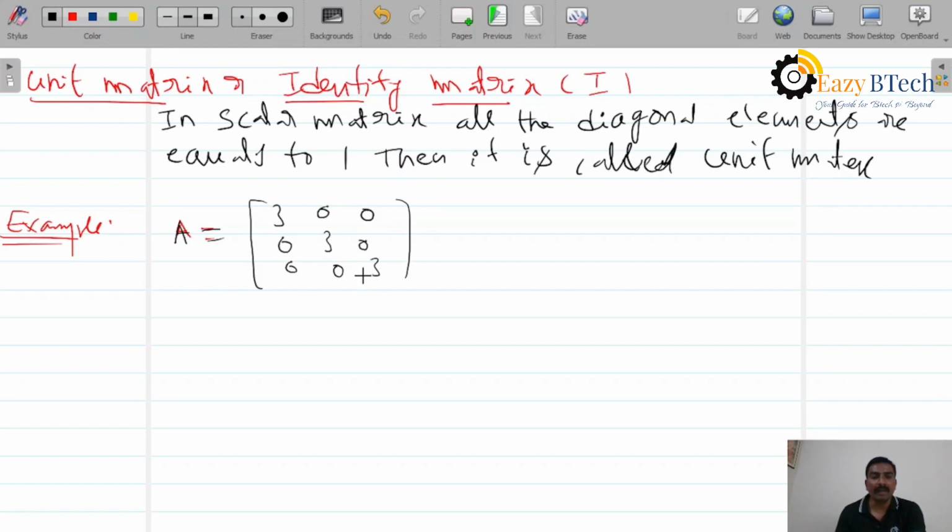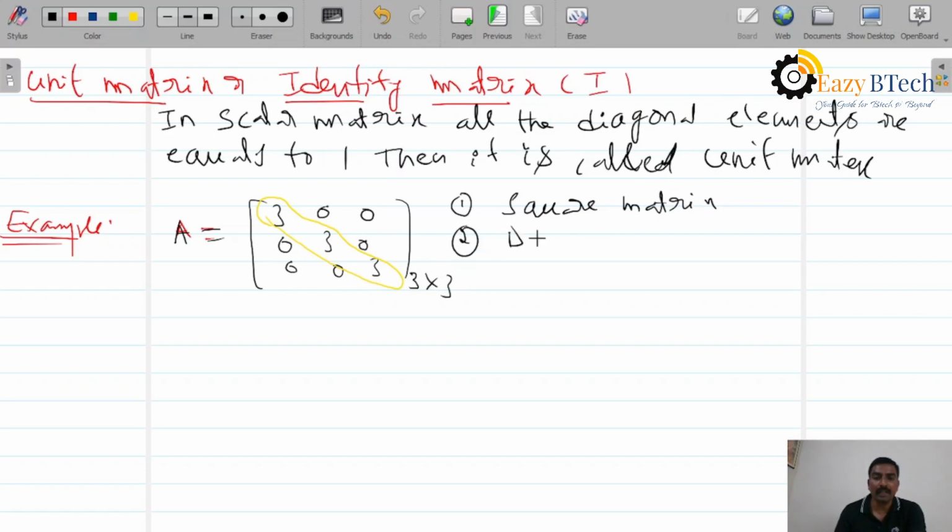This is the scalar matrix. Why is it a scalar matrix? First, it is a square matrix. Point number one, square matrix. Why? Because this order is 3 rows and 3 columns. Therefore, it is a square matrix.